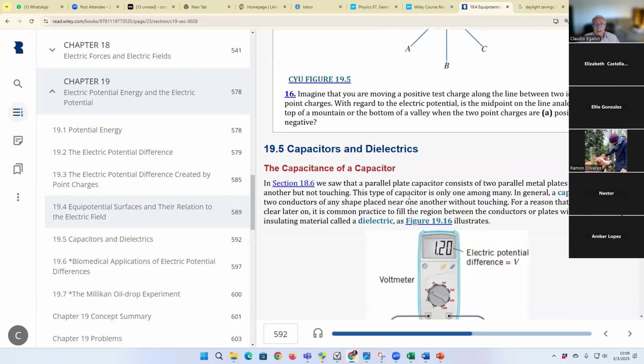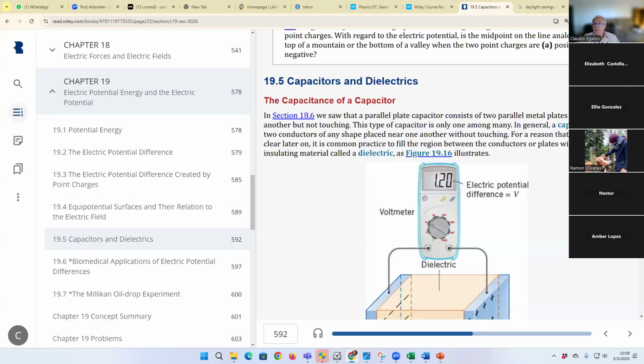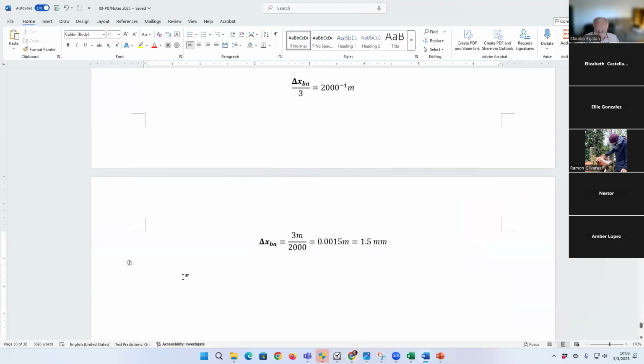Okay, so we are done with this, and we will do something similar in the lab, in lab one. In this first lab, we will calculate the electric field between two charged plates.